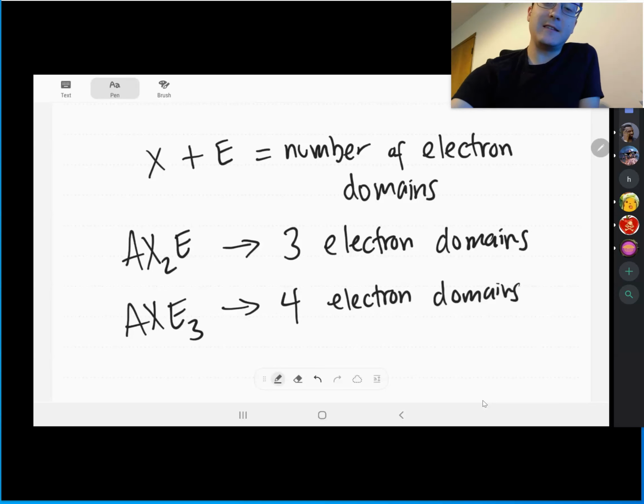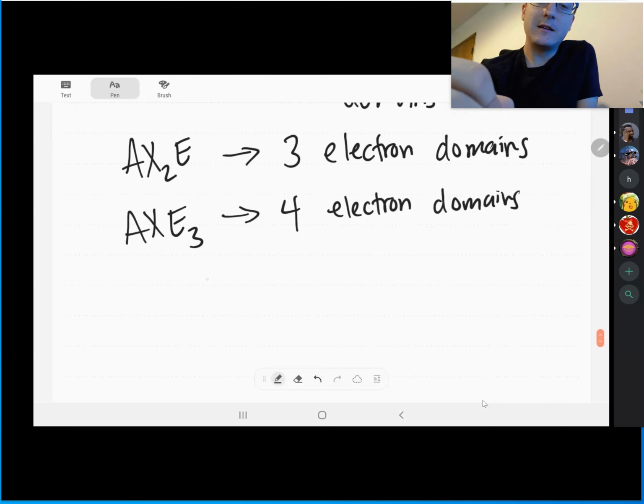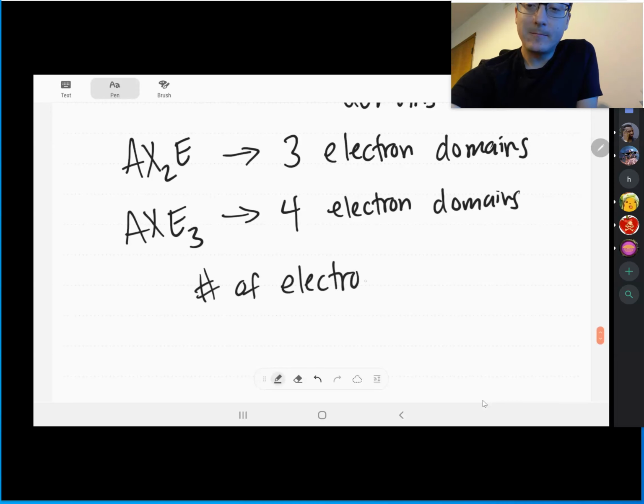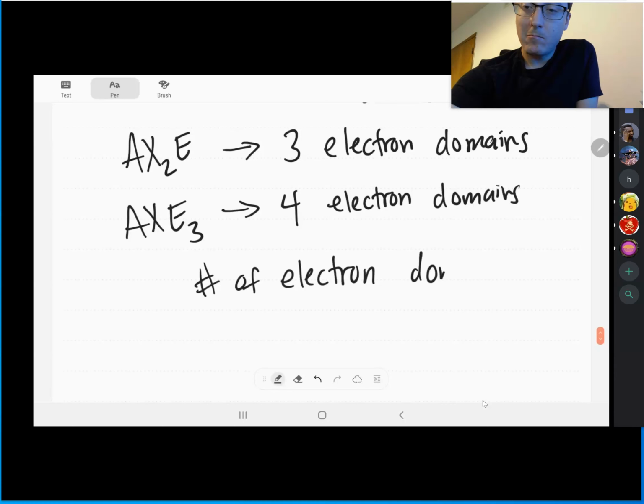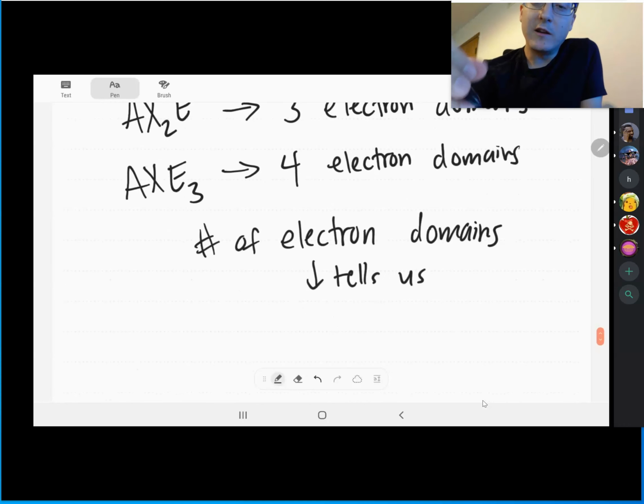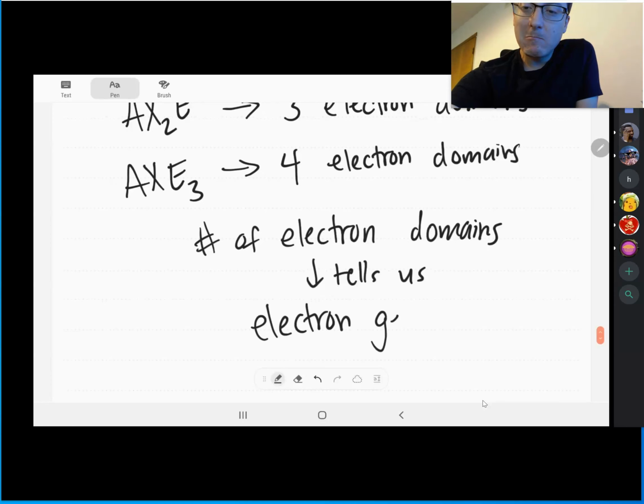All right, this is important because the number of electron domains tells us what is called the electron geometry.